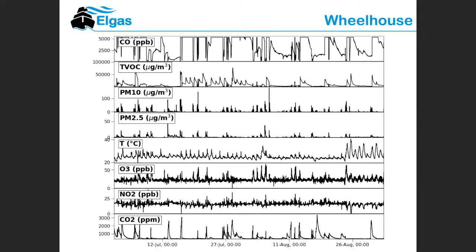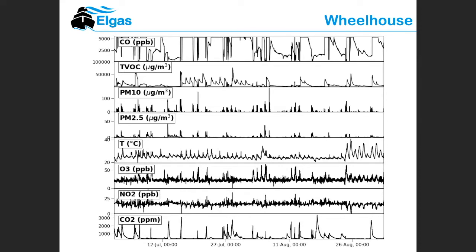But this visualization is a little bit complicated to analyze. One thing we have to say about the measurements here is that the CO sensor had one of the problems Olivier already mentioned: the measurements were so high that they reached the saturation point, so we couldn't obtain the peaks from the CO sensor.